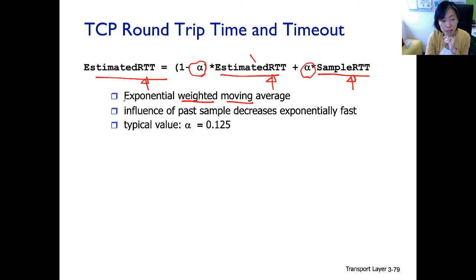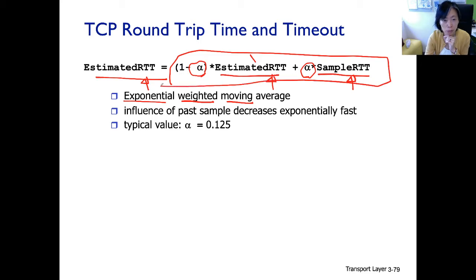The reason it's called exponential is this. The whole thing is the current smoothed RTT, and this whole thing is going to be used as the first term of the next estimation. So the current smoothed RTT is going to be weighted by 1 minus alpha, actually, 2 times.